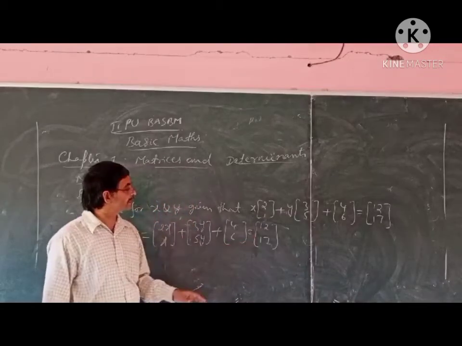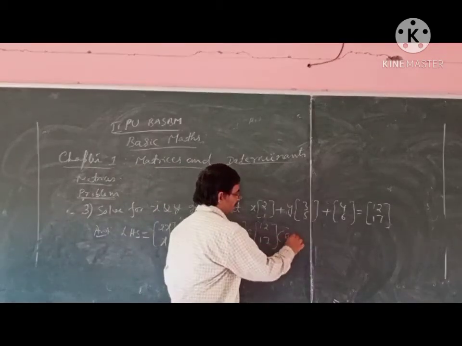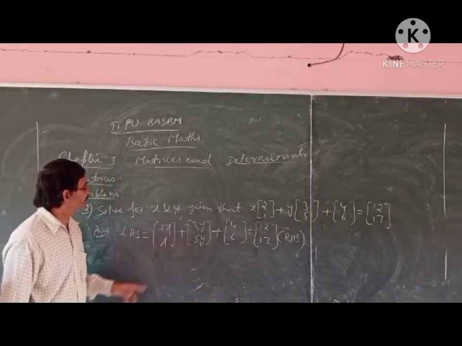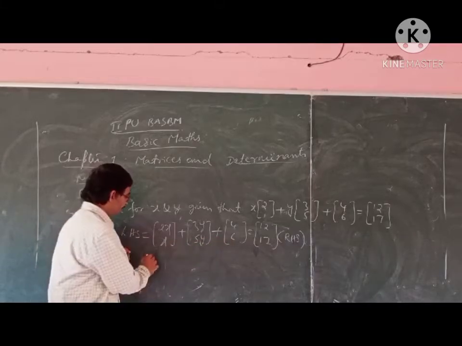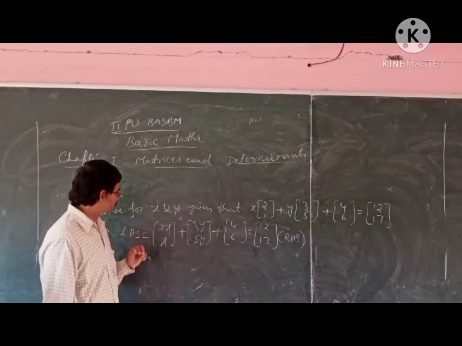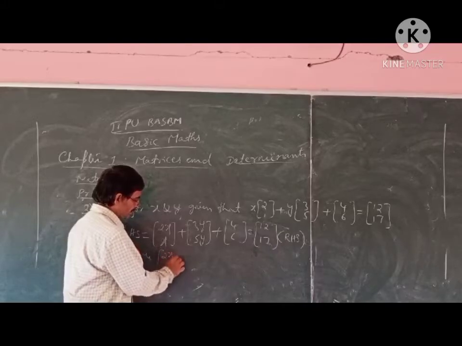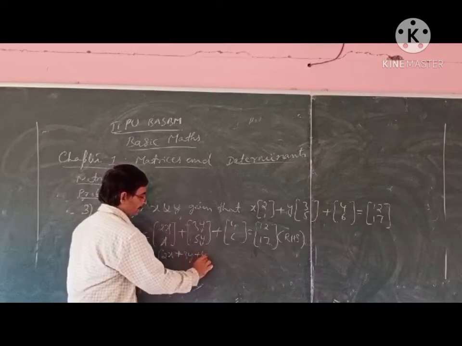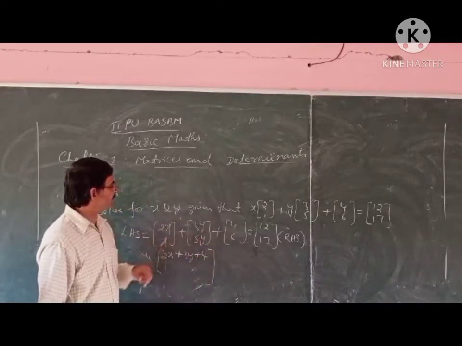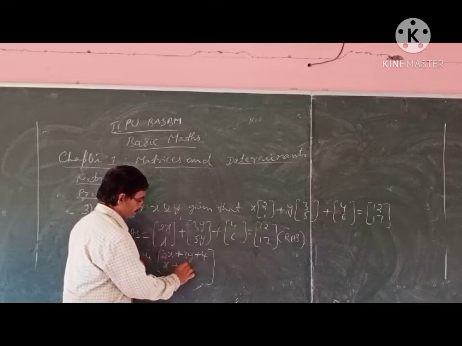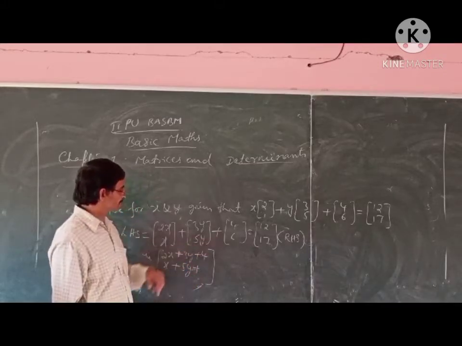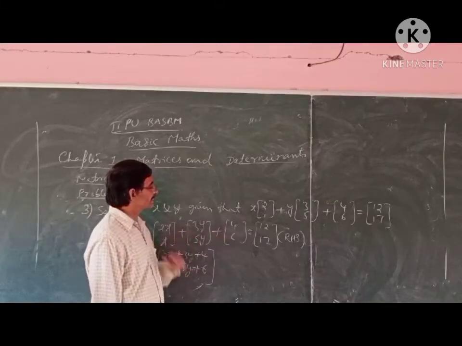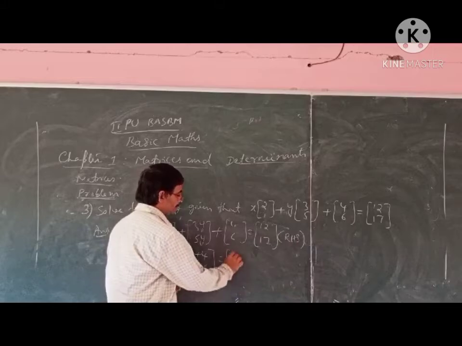That is the right hand side given, RHS. Now on the left hand side add these three, adding corresponding elements: 2x plus 3y plus 4 on top, below x plus 5y plus 6, equal to the right hand side 12, 17.